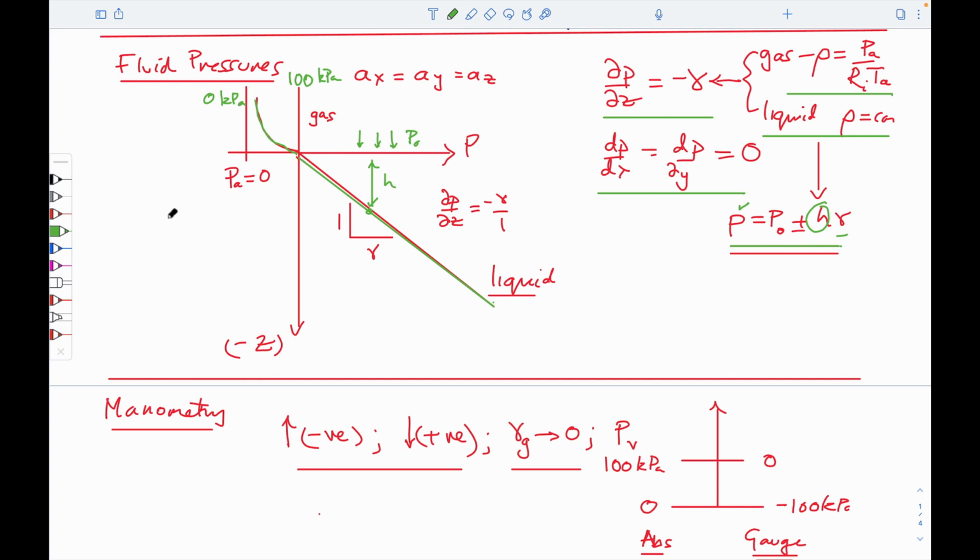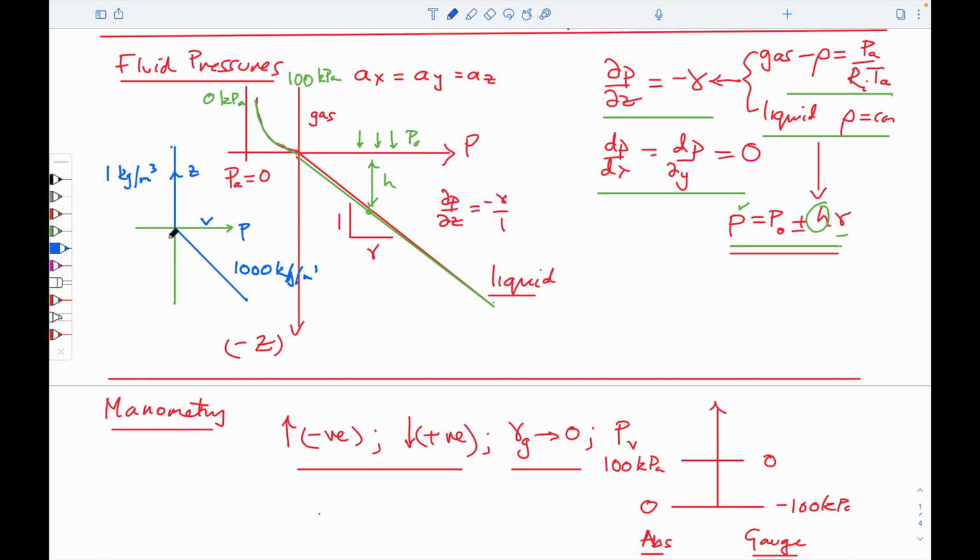And of course, if you draw this to scale, then the geometry of this graph is such that if this is pressure and this is elevation, then below the surface it varies like this, because the density of water is 1,000 kilograms per meter cubed, and above here the density of air is about 1 kilogram per meter cubed.